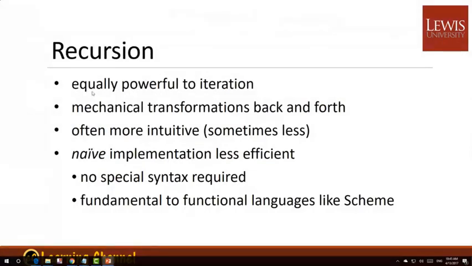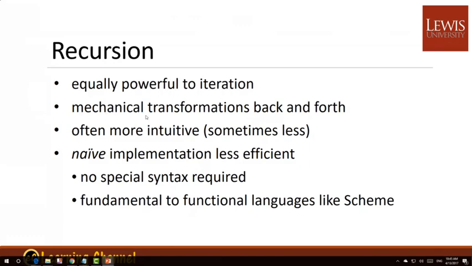Recursion. Recursion is equally powerful to iteration. It was proven that anything that can be written in iteration can be done by some recursive program, and vice versa. Any recursive program can be converted to an iterative program.